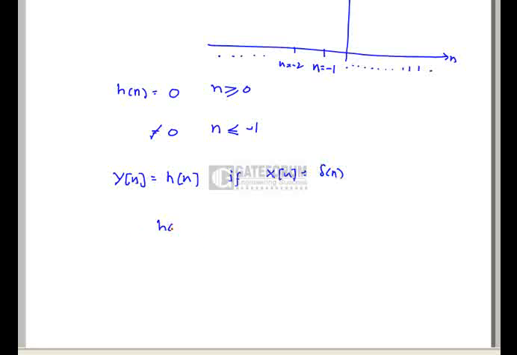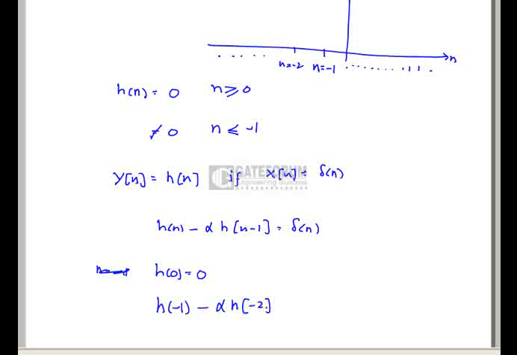That is h of n minus alpha h of n minus 1 equals delta of n. For n equals 0, h of 0 equals 0, h of minus 1 is alpha h of minus 2 equals 0.